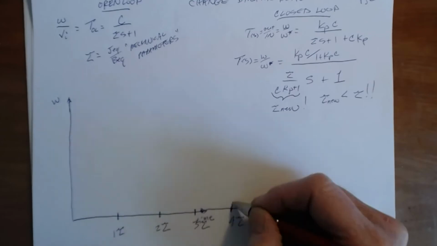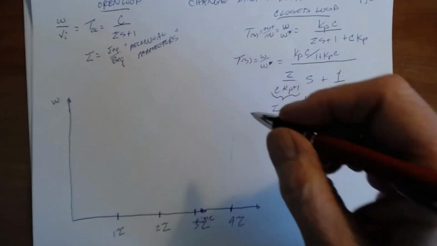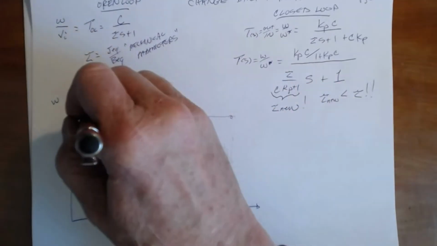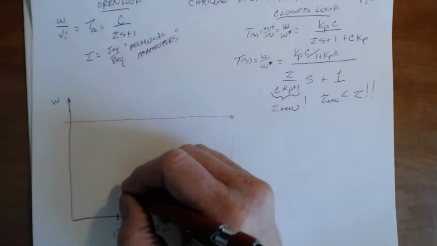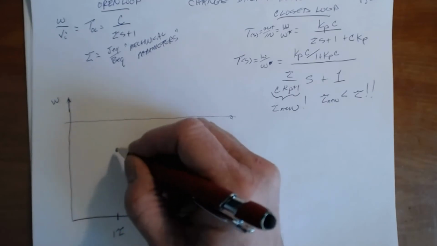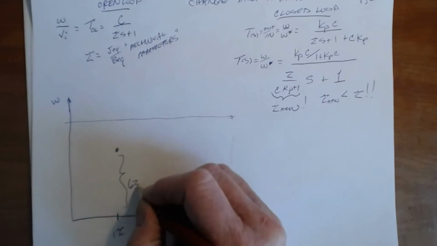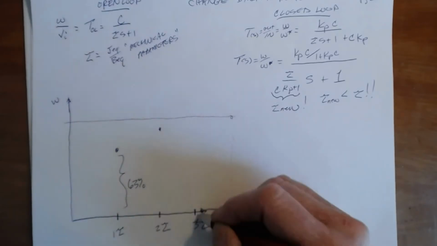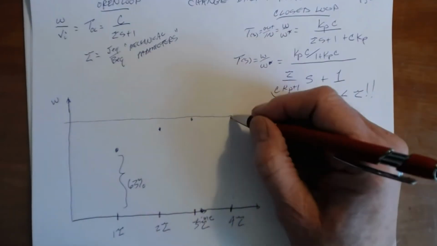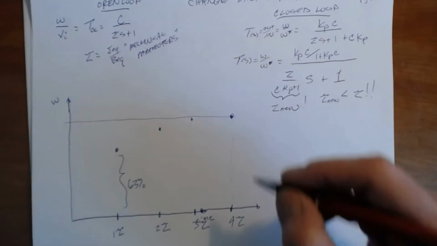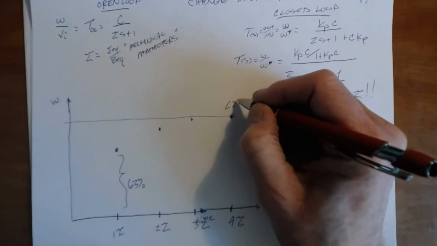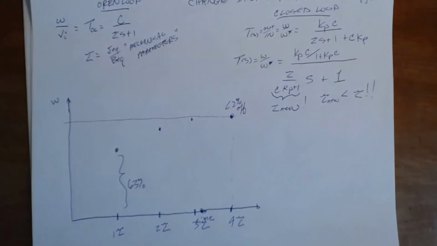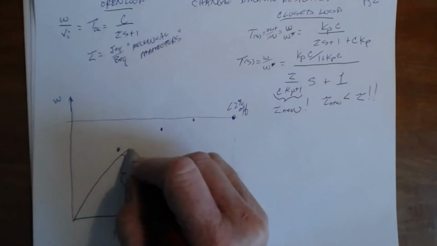By the time I get to 4 times the time constant, my output is at its steady state. At 1 times the time constant, it goes about 63% of its final value. At twice the time constant, we put a dot that's a little closer, and by the time we get to 4 times the time constant, it's less than 2% off. There's still less than 2% more motion to go, and then we can just draw this in.